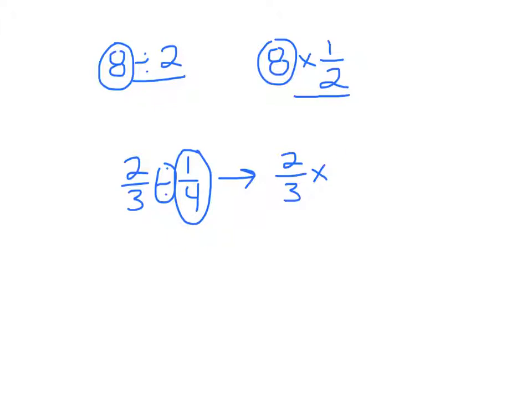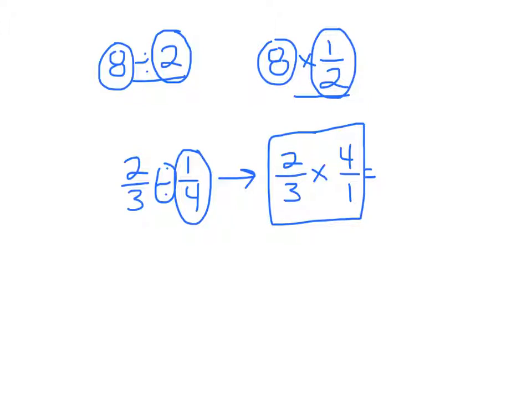Instead of 1/4, I'm going to make it 4/1. It's exactly the same thing, for the reason that times 1/2 is the same thing as dividing by 2. So now that I've changed this to a multiplication problem, 2 times 4 is 8, 1 times 3 is 3. And if I change that from an improper fraction to a mixed number, I get 2 2/3 for an answer.